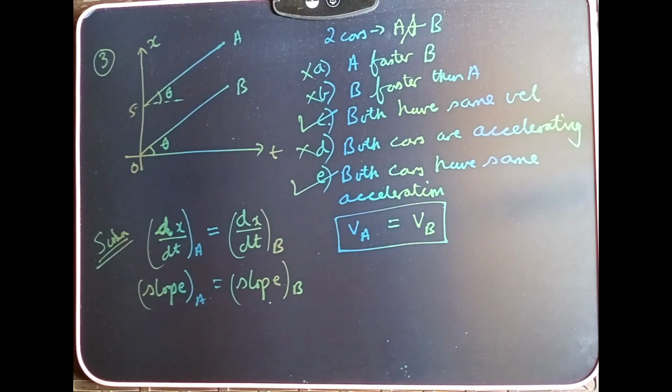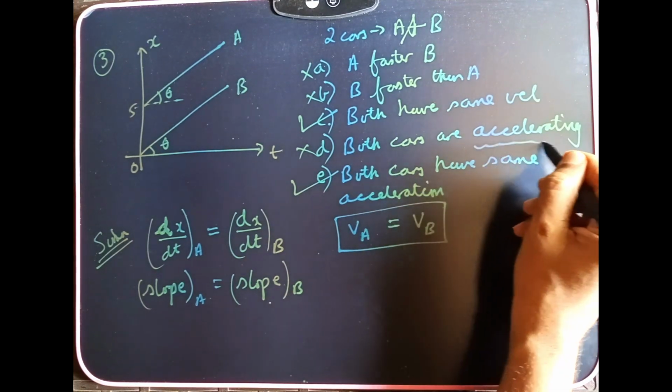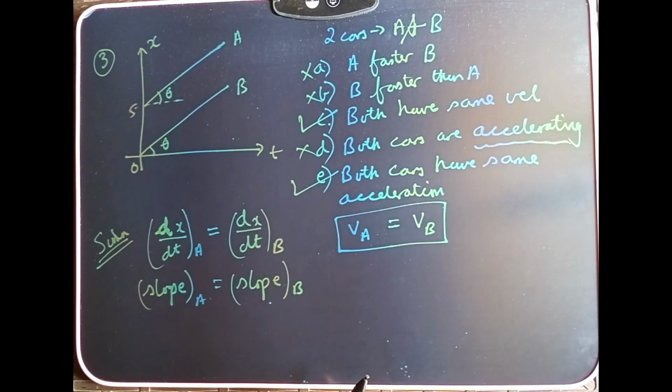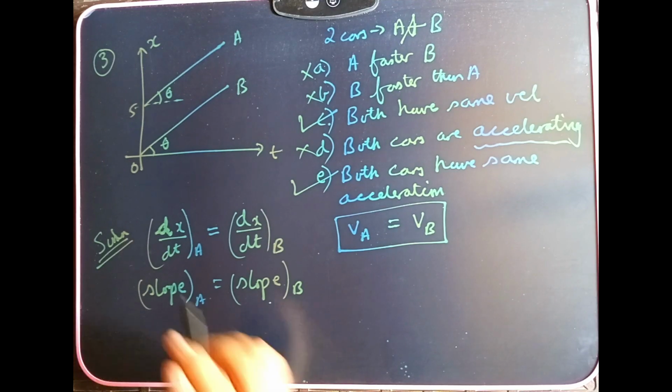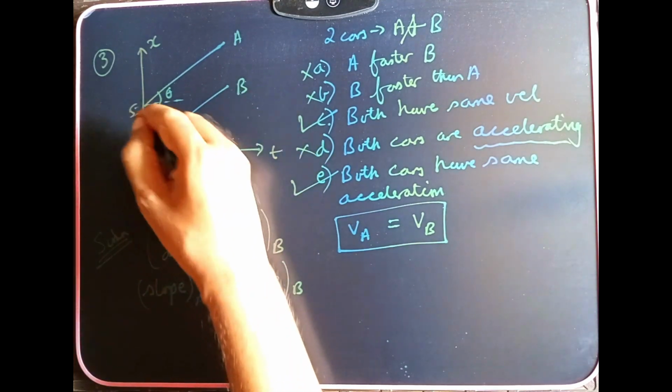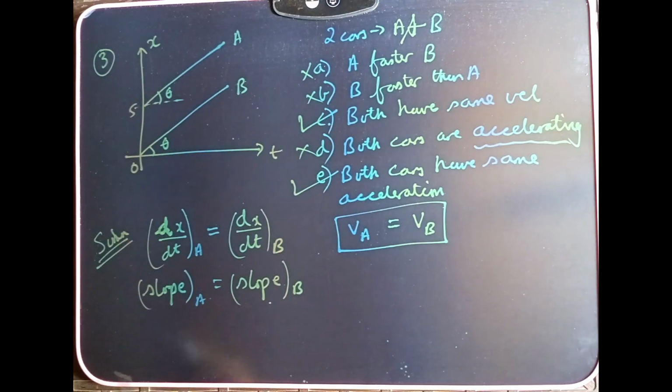Are both cars accelerating? Both cars have the same acceleration. But is it true that they are accelerating? It may not be. As you can see, the displacement is linearly changing.